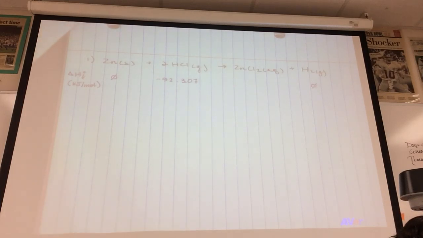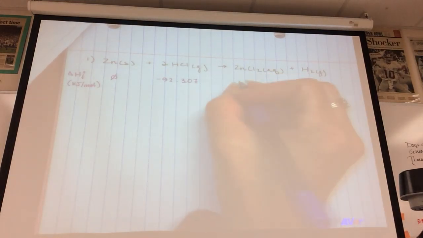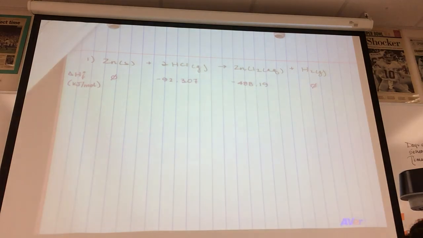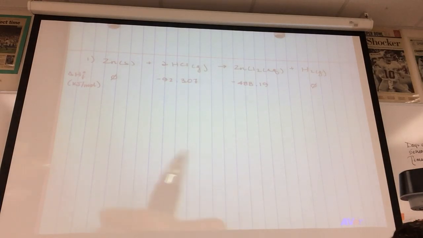And then zinc chloride aqueous. On the right side, 3 up from the bottom, you'll see negative 488.19. And now I'm ready to work my problem.